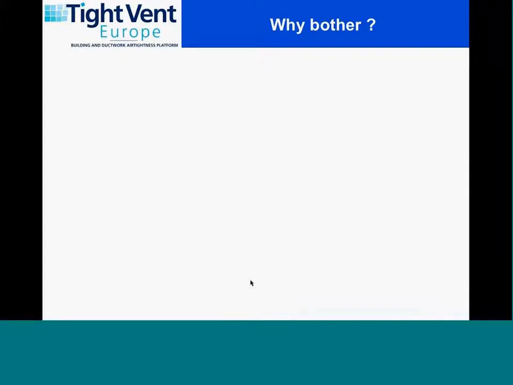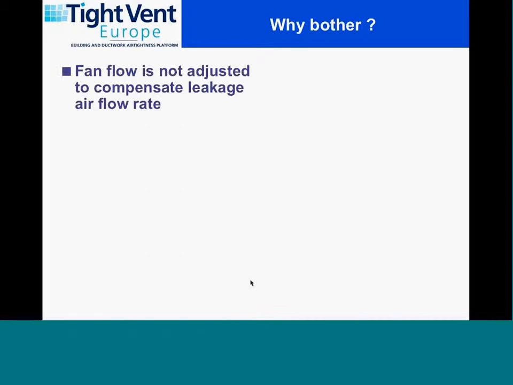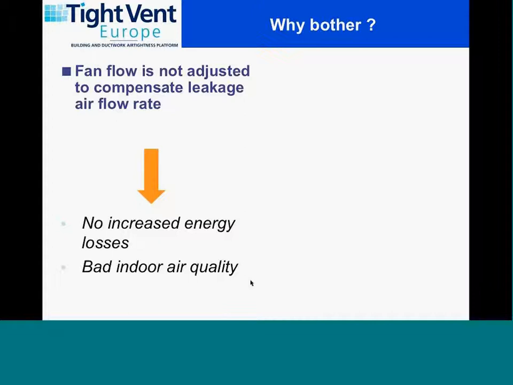So I wonder, why is it really a problem to have a leaky system? Well, let's look at two limiting cases. The first case is where the fan flow is not adjusted to compensate for the leakage airflow rate. In that case, you don't have really an energy penalty because you don't compensate for the leakage airflow rate.